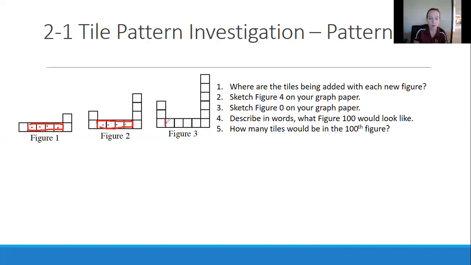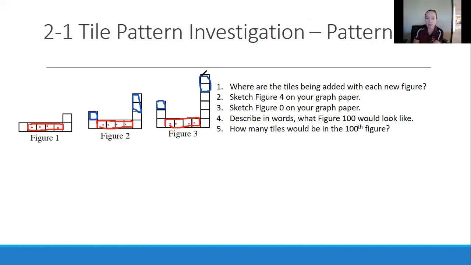Now, we're adding 3 each time. Okay, each time I go to a figure, that 4 continues, but now I've added 1 on the left and 2 on the right. So let's say we do that out to 100.